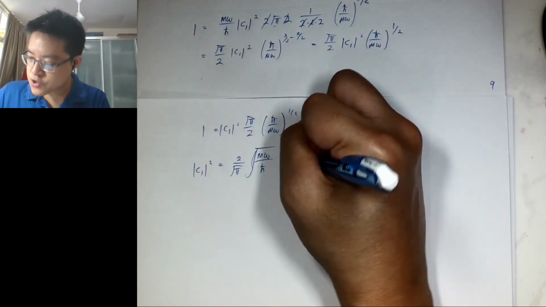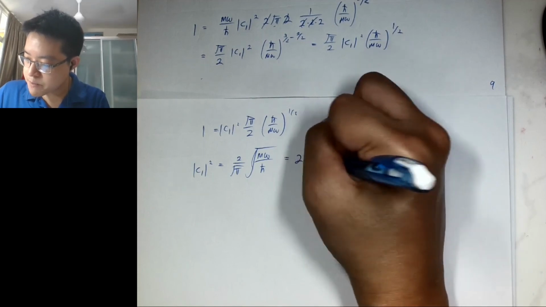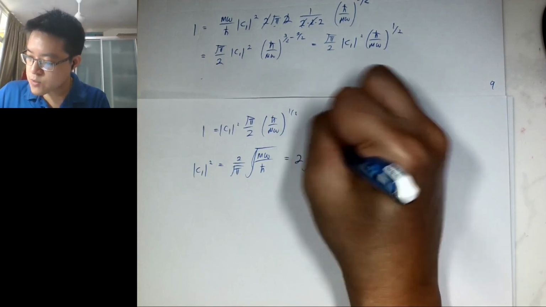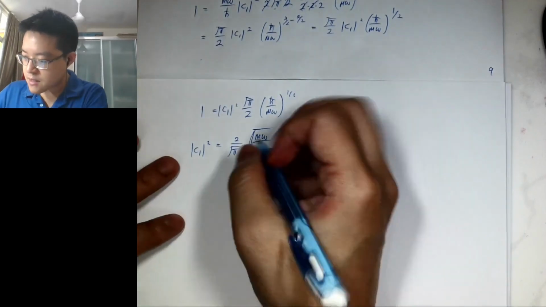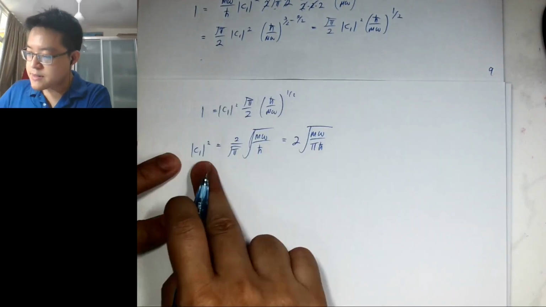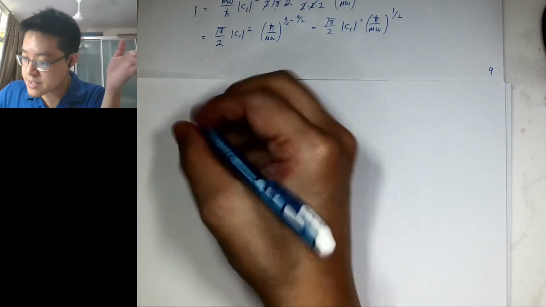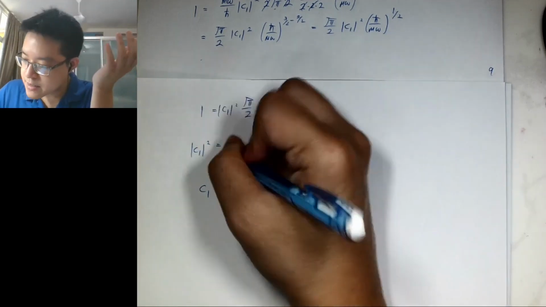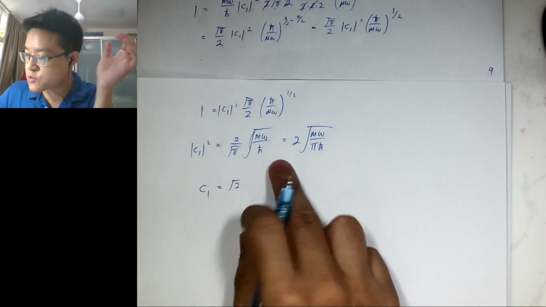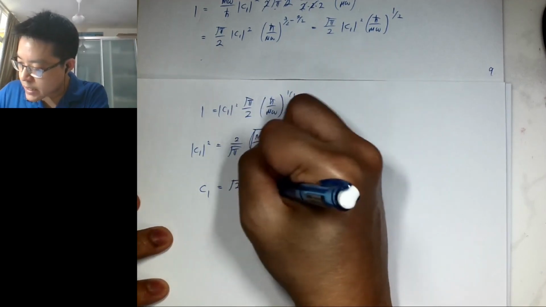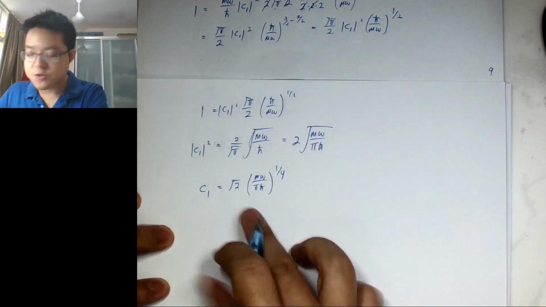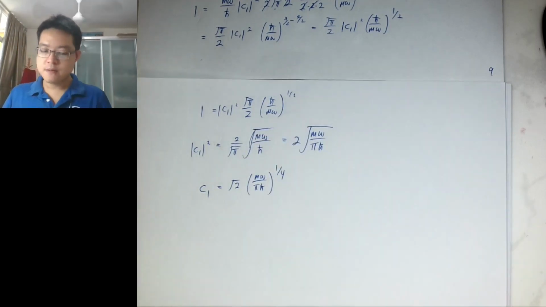So this is actually 2 m omega over pi h bar, the square root. Okay, so I hope I didn't make any mistakes. But let me choose the C1 to satisfy this condition. If C1 is a real number, then we just need the square root of this side. So this is just m omega over pi h bar to the power of 1 over 4. So we have found C1 like this.